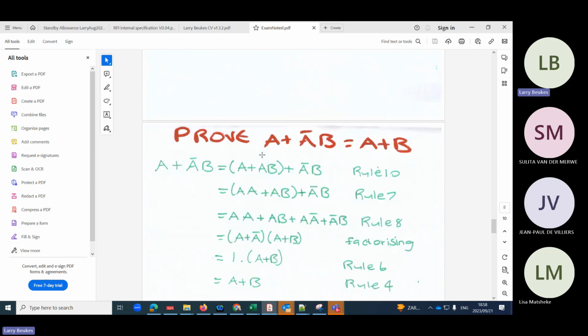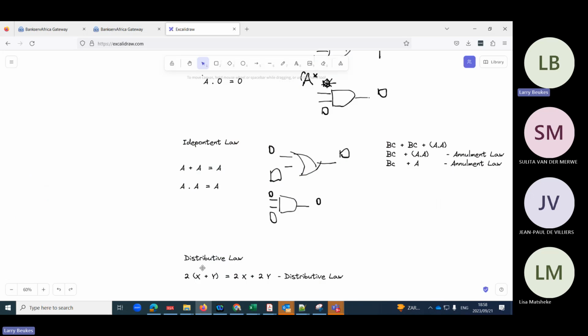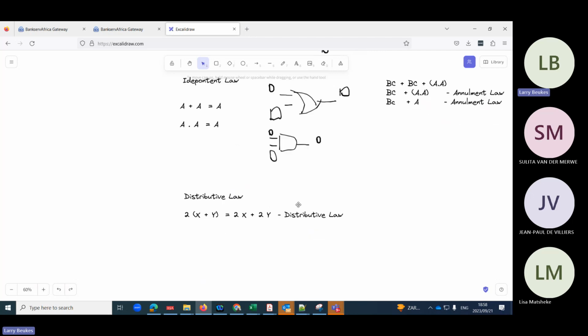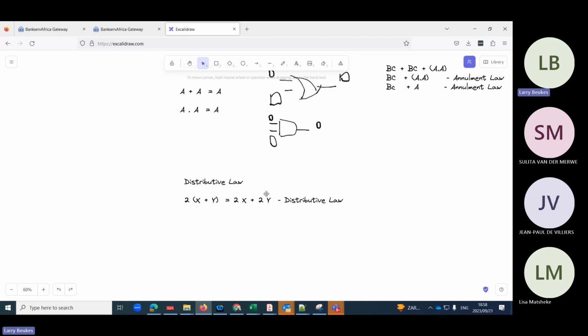And then remember distributive law, I just said now, anything that you think is mathematics. If you need to break down a bracket, or maybe going backwards here, 2x and 2y, you are trying to find the common factor, which is 2, right? You will never go this deep though.